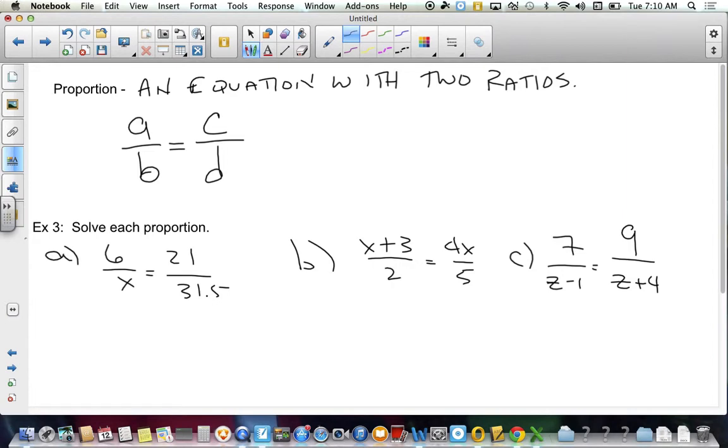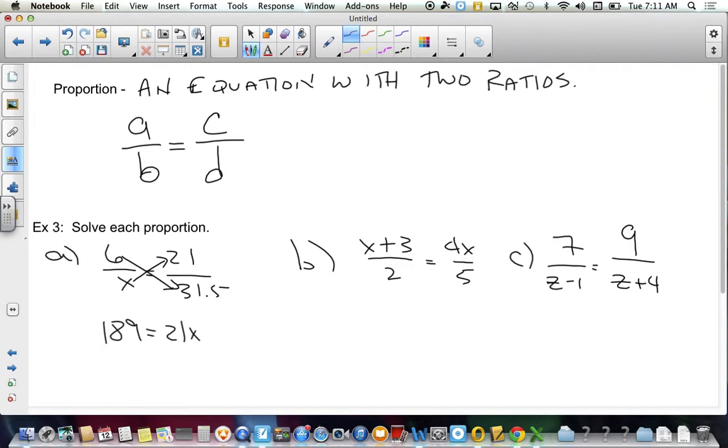Okay, so if you remember, we start out, we cross multiply. Okay, so 6 times 31.5 is 189. And that's equal to 21x.